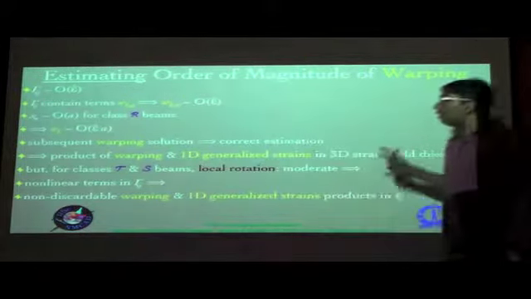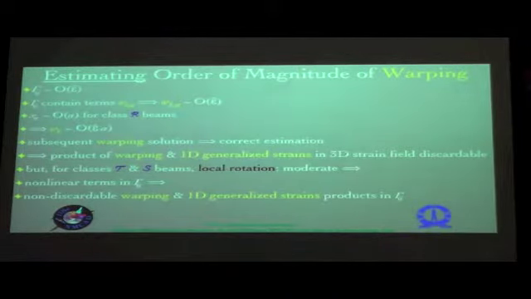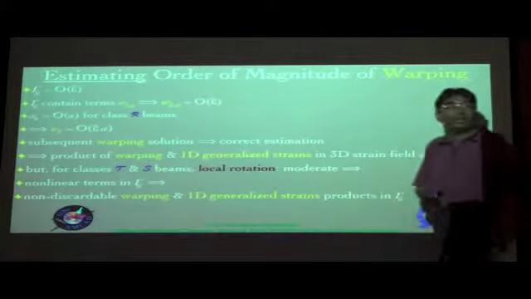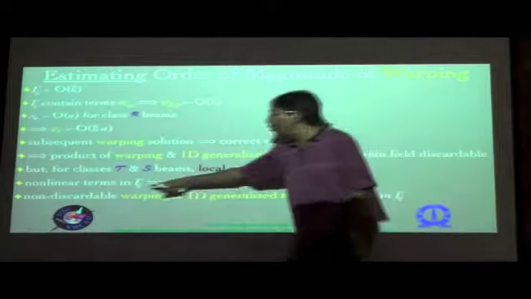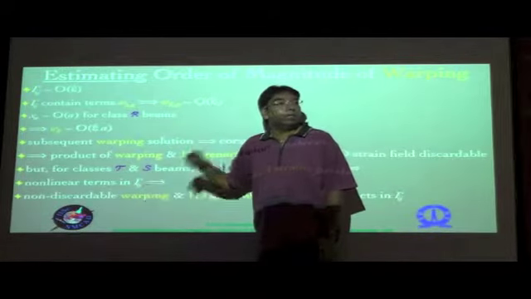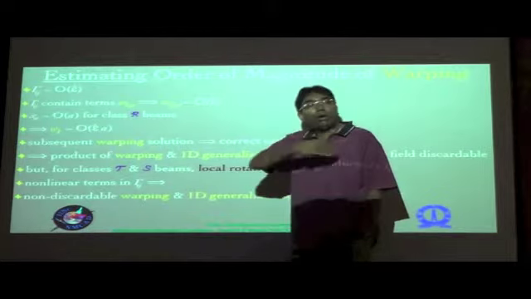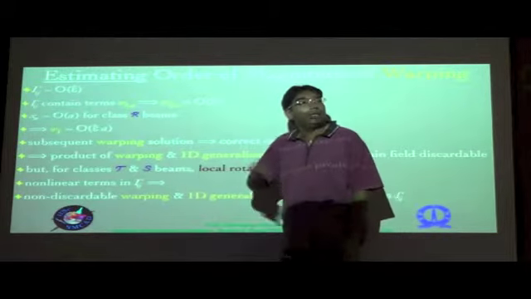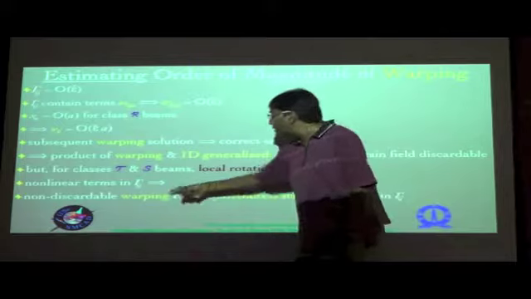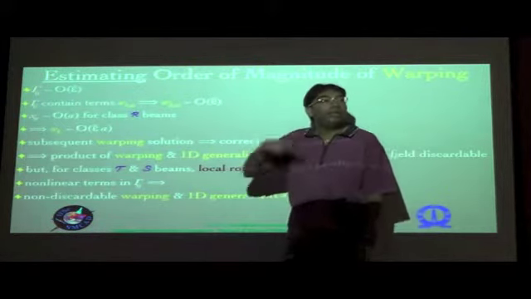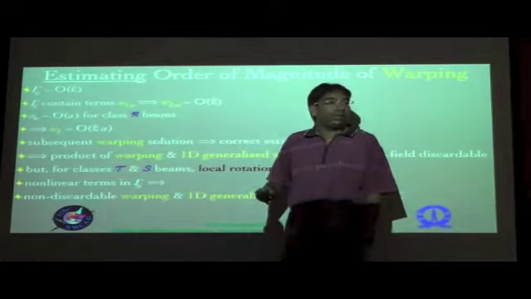And many of those nonlinear terms will not be discardable, including some of these products that we just talked about, namely the warping times the 1D generalized strain, because those warping terms would appear as local rotations, because the derivative of the warping with respect to the cross-sectional coordinates or with respect to x1 turns out to be the local rotations. Therefore their product with the 1D generalized strain, when they are moderate local rotations, may be something that we have to take into consideration.